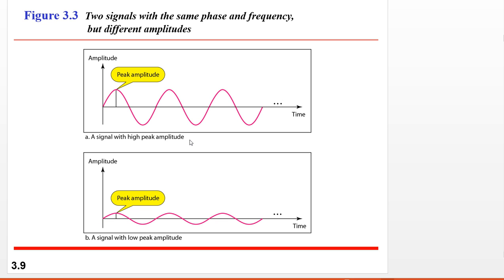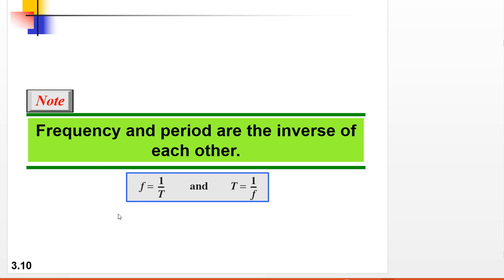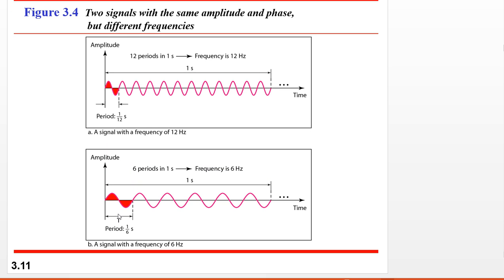So these two signals have the same phase and the same frequency, the number of oscillations is the same, right, but they differ in amplitude. The height of the first wave differs from this one, right? And in the second type, you can see two signals with the same amplitude and phase. Amplitude is the same, phase is also the same, but they differ in frequency. Correct.